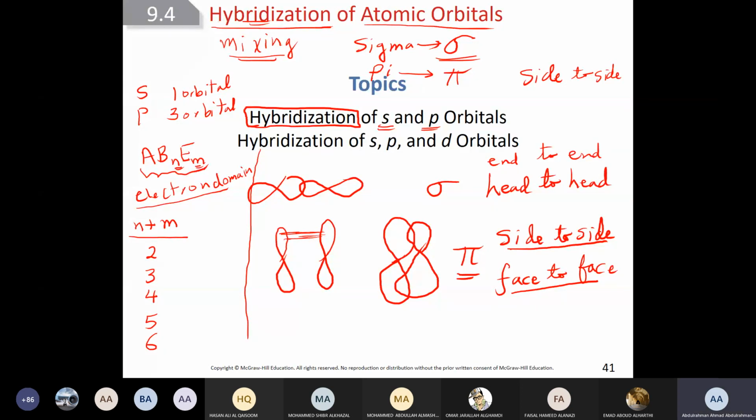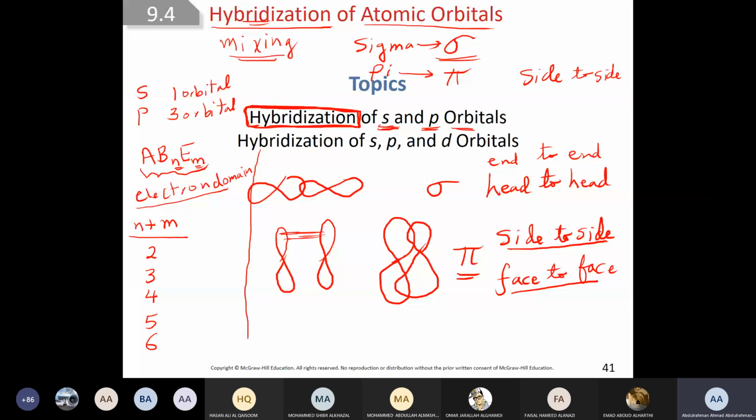When we write the electron domain, we are going to have N plus M: 2, 3, 4, 5, and 6. This theory is called hybridization of S and P orbitals, and it says the following.